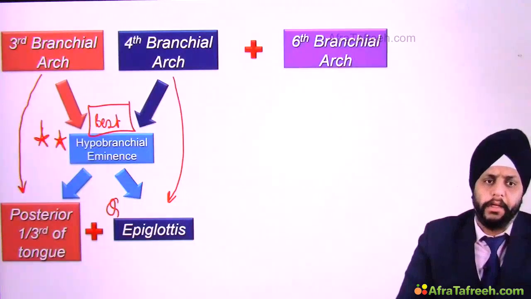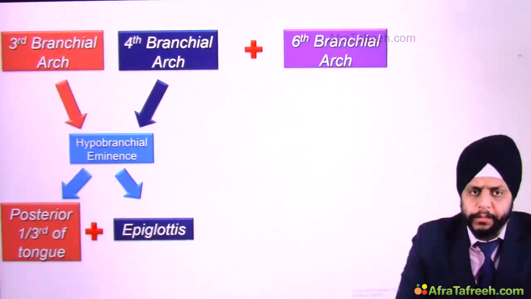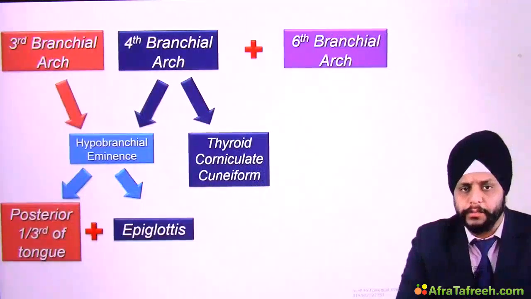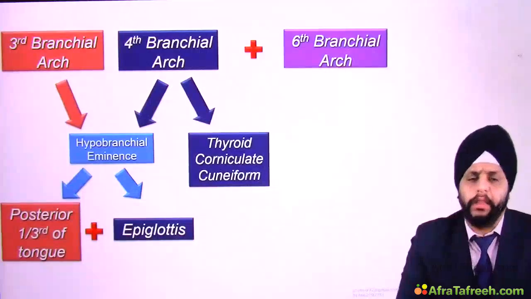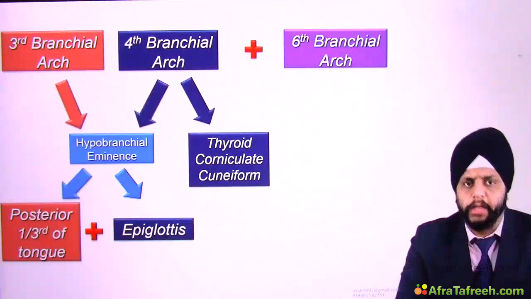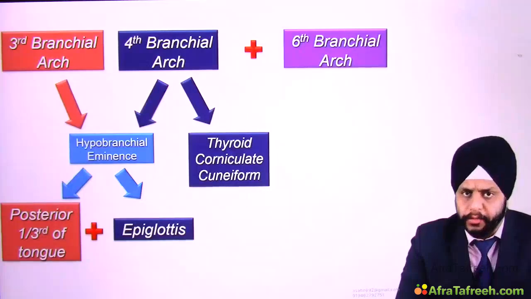All right. Now, other than this, the fourth branchial arch also forms the thyroid cartilage, the corniculate, and the cuneiform cartilages. So these are derived from the fourth branchial arch.